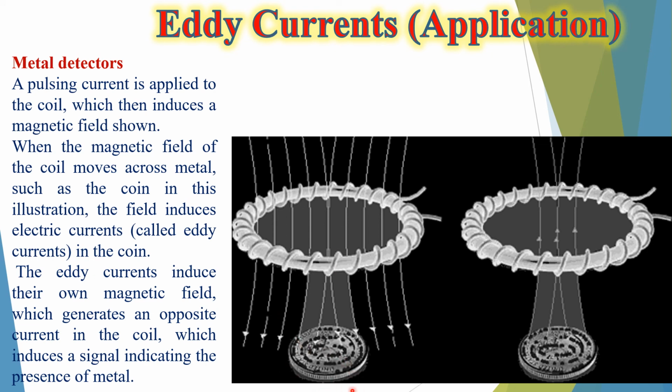Due to the eddy current, there must be a magnetic field, because eddy currents induce their own magnetic field, and the magnetic field of eddy currents will generate opposite current in the coil, and that will induce a signal indicating the presence of metal. So by this procedure we can detect metals, and this is the phenomenon or procedure of metal detectors.